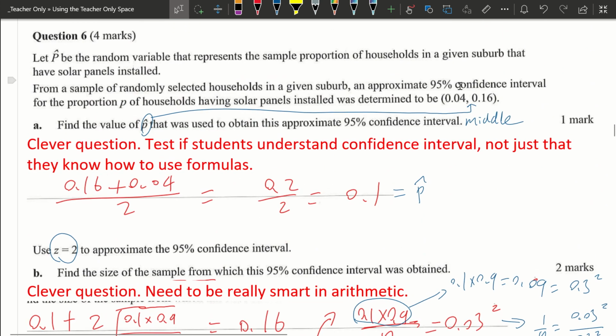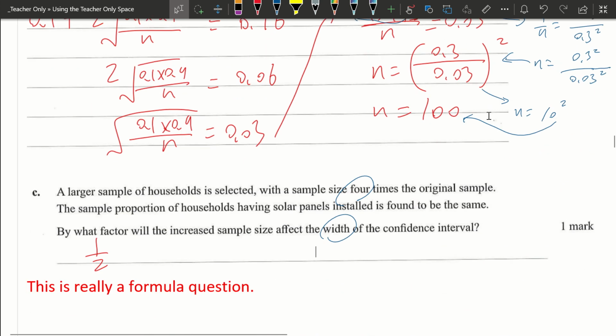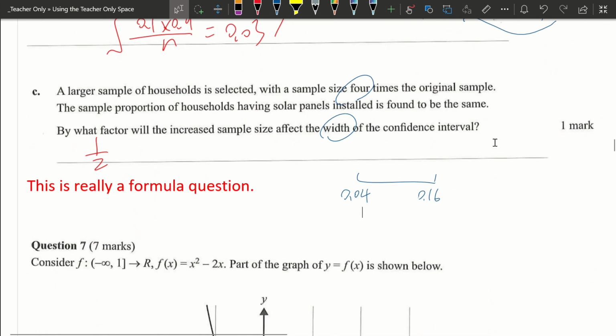Between 0.16 and 0.04, our previous confidence interval, there is a certain width between them. And now it says, well, if I select 4 times the original sample size, what's going to happen to the width of my confidence interval?